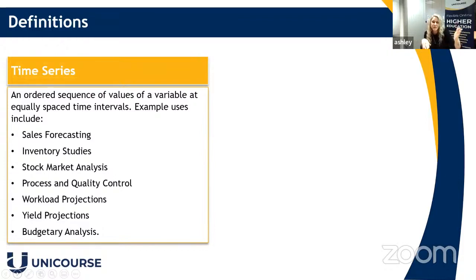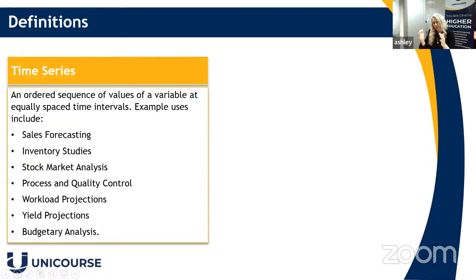So it could be over months, over years, it could be quarterly. According to some definitions, the data points in time series should be equally spaced, although that's not always the case. Think about it as an ordered sequence of values of a variable at equal space and time intervals.